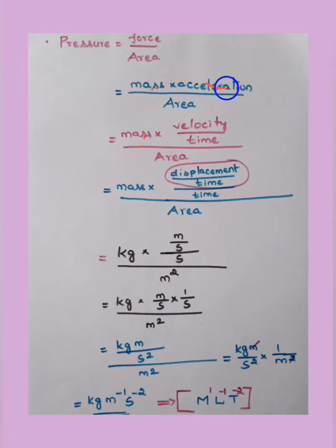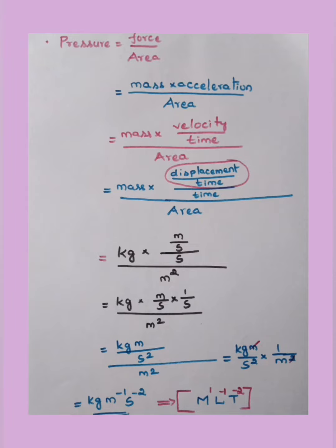Acceleration can be written as velocity by time taken, divided by area. Again, this velocity can be written as displacement by time. So again you write mass as it is, velocity is displacement by time, and divided by this time that remains, and the whole divided by area.